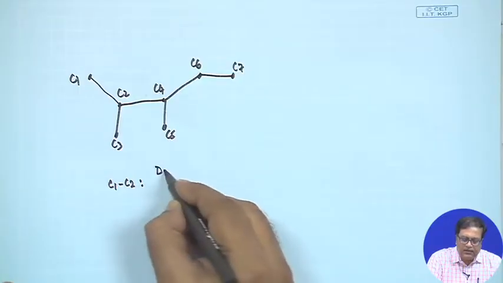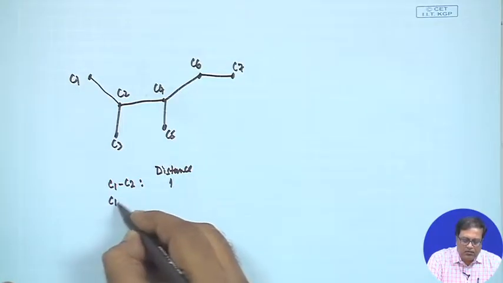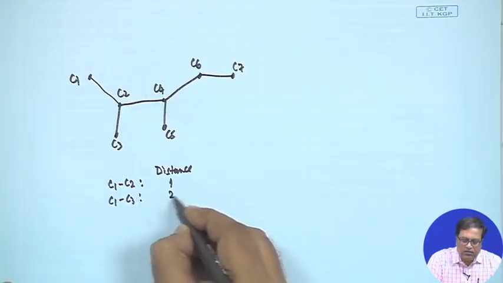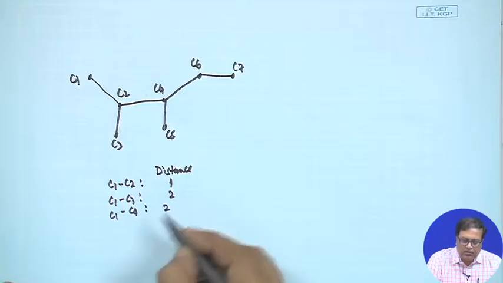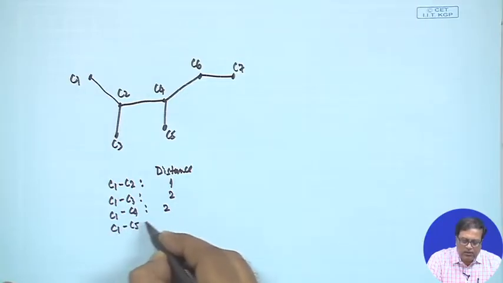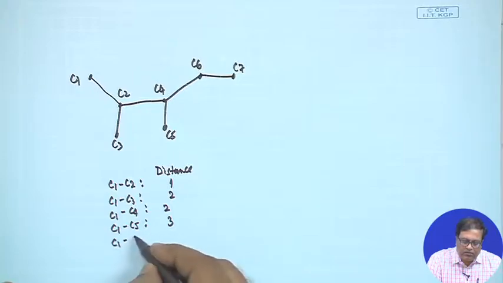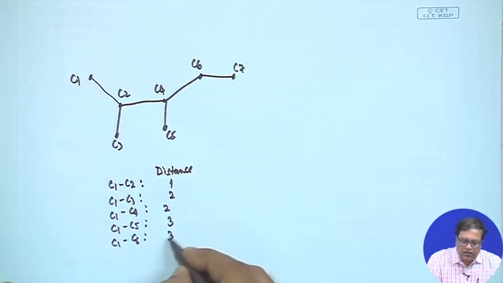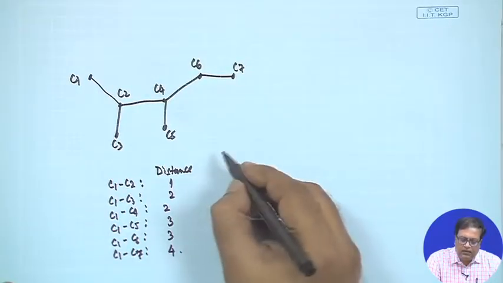The distance is 1, C1 to C3 is 2, C1 to C4 is 2, C1 to C5 is 3, C1 to C6 is 3, C1 to C7 is 4.